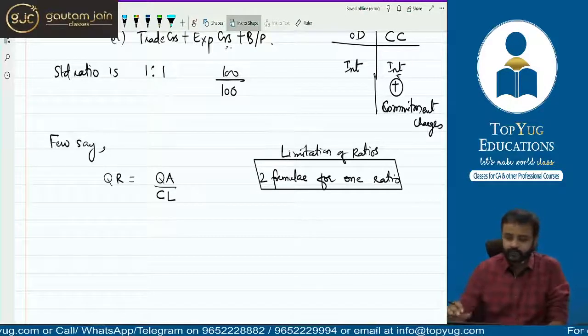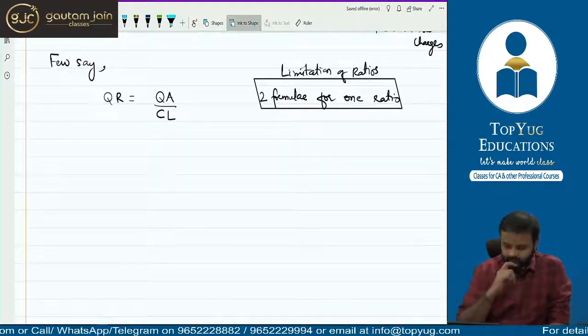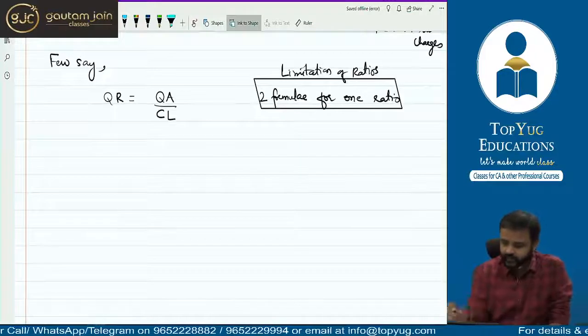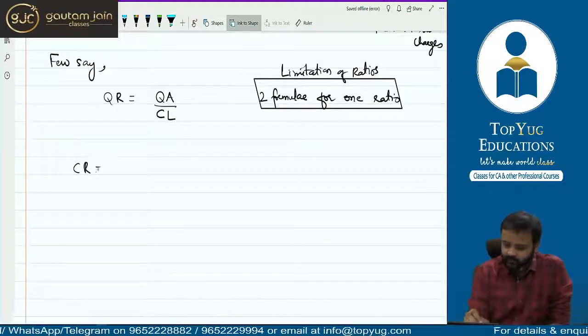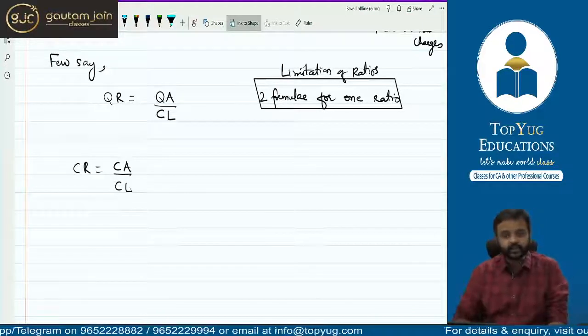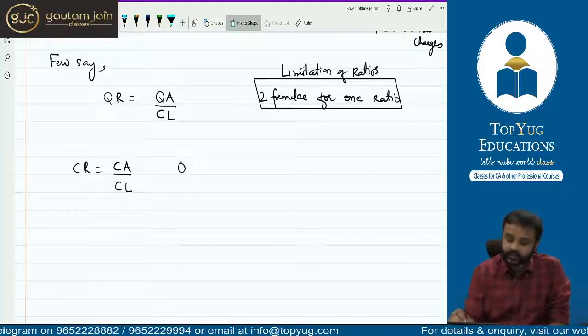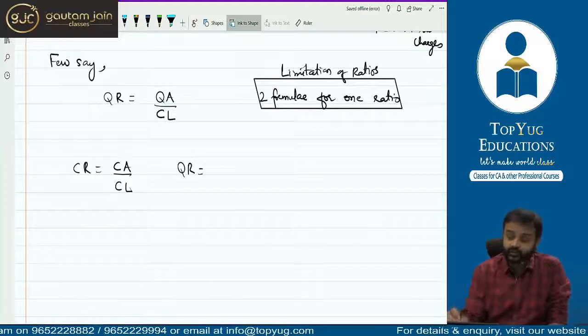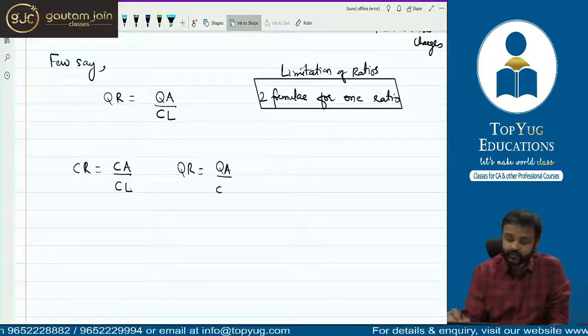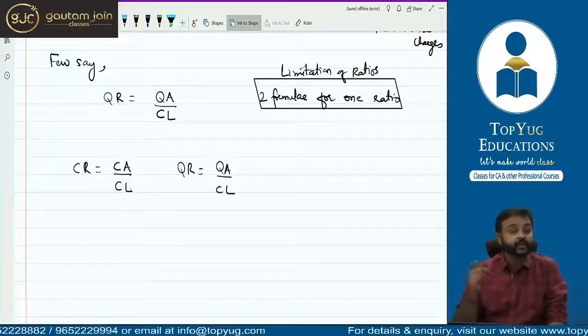Now if you just compare, what was the current ratio? Current assets upon current liabilities, correct? What was quick ratio? Quick assets upon current liabilities, also we can take, instead of quick assets by quick liabilities.